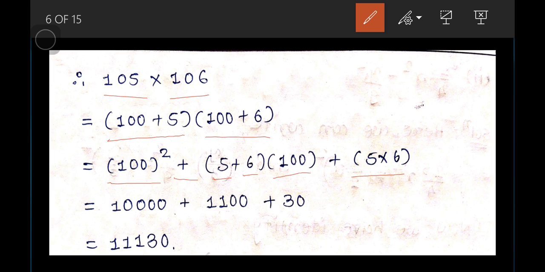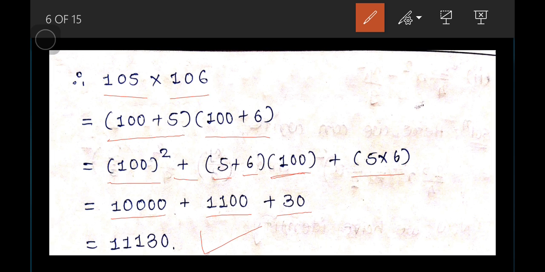Here the square of 100 is 10,000. 5 plus 6 is 11, and 11 multiplied by 100 is 1,100, and 5 times 6 is 30. Now you can easily get the sum of these terms: 10,000 plus 1,100 plus 30, that is 11,130. This is the answer.